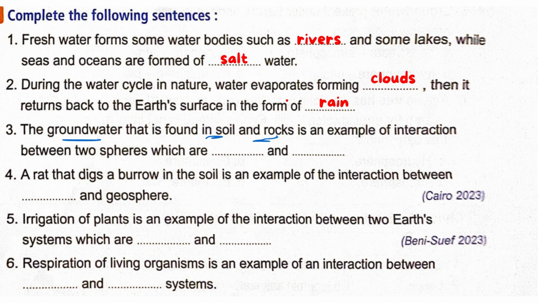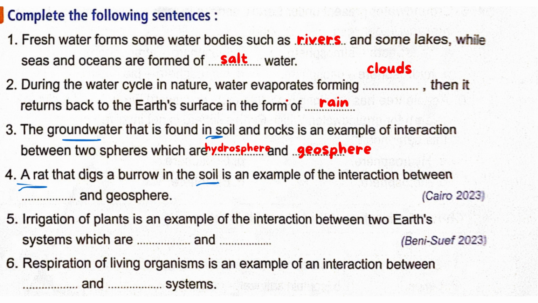Okay, that is found in the soil and rocks. Soil and rocks belong to the geosphere or lithosphere. So we can answer here: the groundwater that is found in soil and rocks is an example of interaction between two spheres, which are hydrosphere and geosphere.